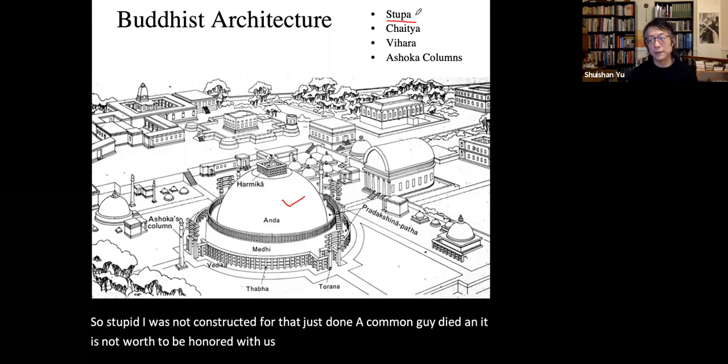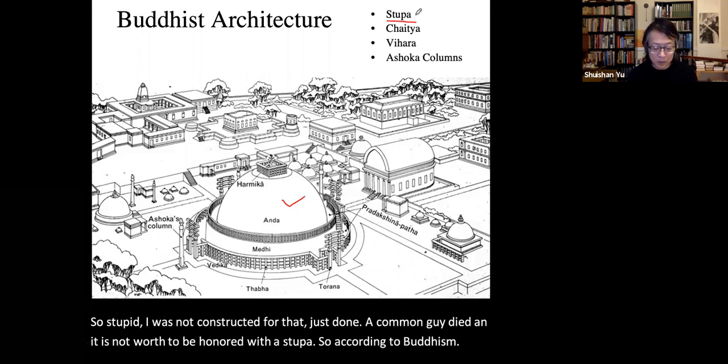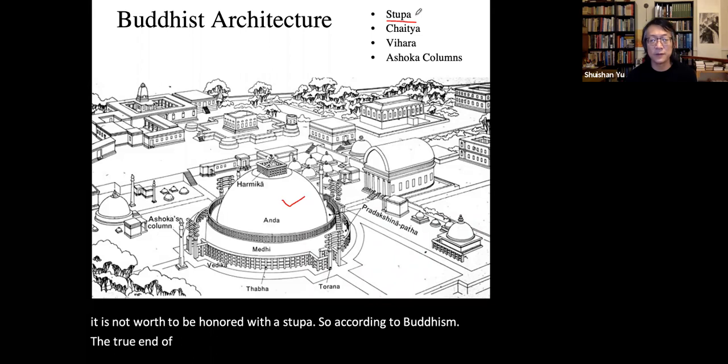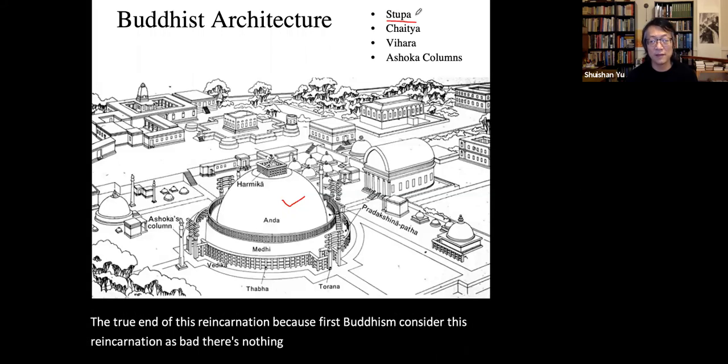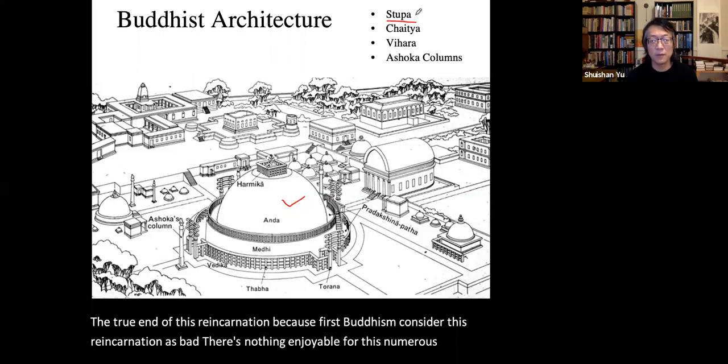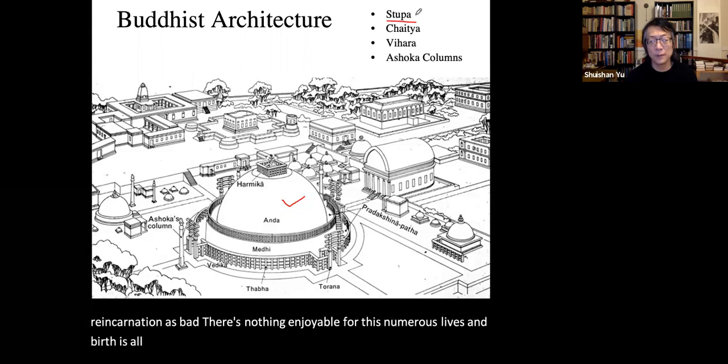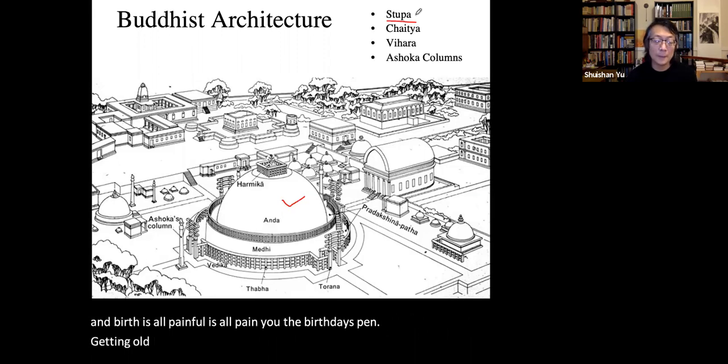So according to Buddhism, the true end of this reincarnation, because first Buddhism considers this reincarnation as bad. There's nothing enjoyable about these numerous lives and births. It's all painful, right? It's all pain. Birth is pain. Getting old is painful.